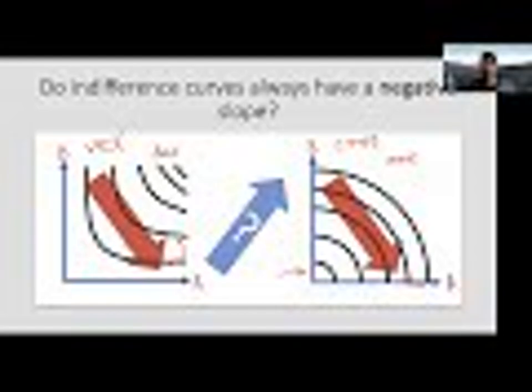When we see these convex shapes, the thing that we notice is that for any level of the good on the vertical axis, the marginal rate of substitution starts steep and gets shallow.